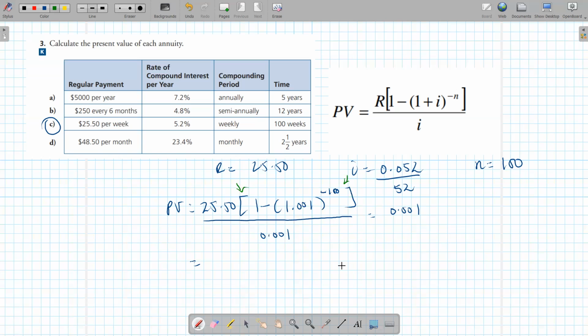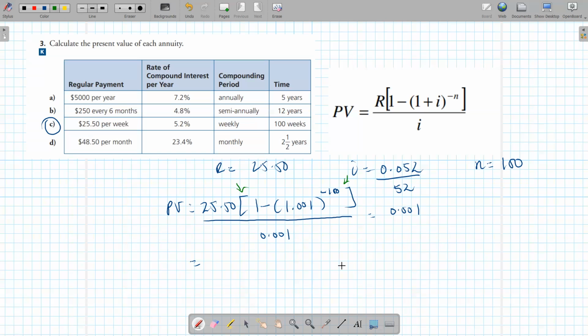What did you get, if anything? You just do 1 minus 1.001 to the power of negative 100. I got 0.095. Okay, then you want to multiply that by 25.50. 2.425.